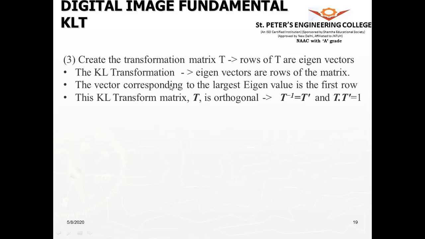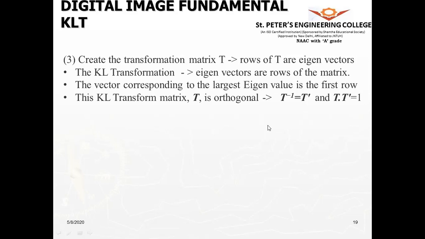All the other eigenvectors will be the different rows corresponding to the calculation. The eigenvector corresponding to the largest eigenvalue will be the first row, and then the smaller ones will follow that.